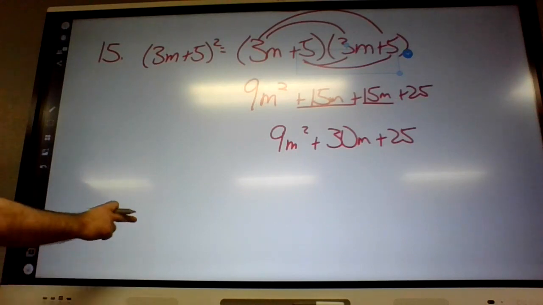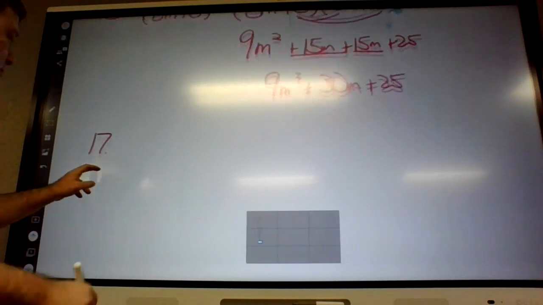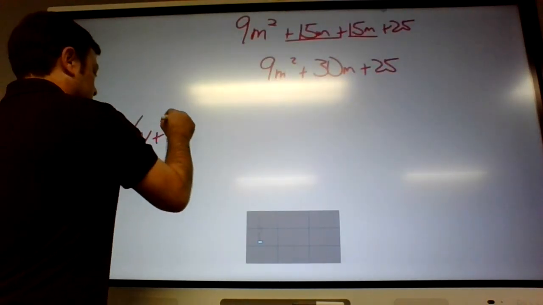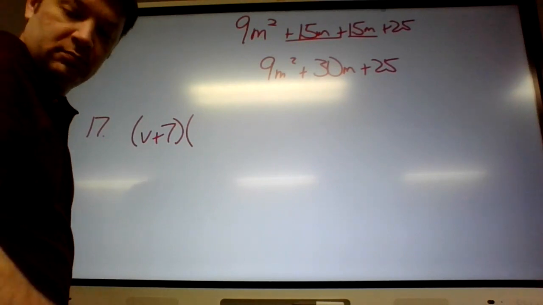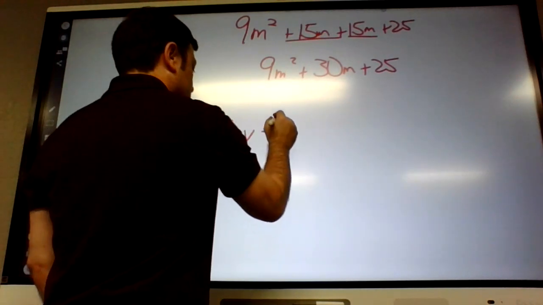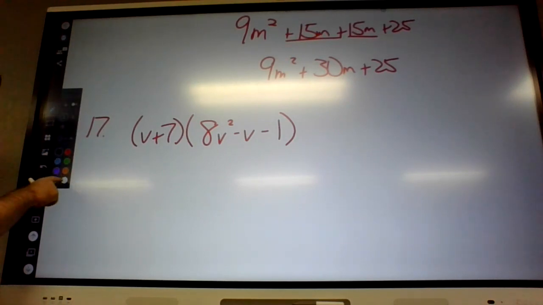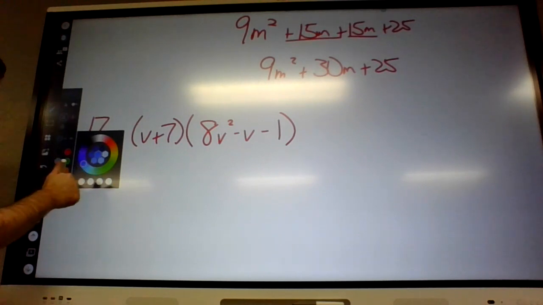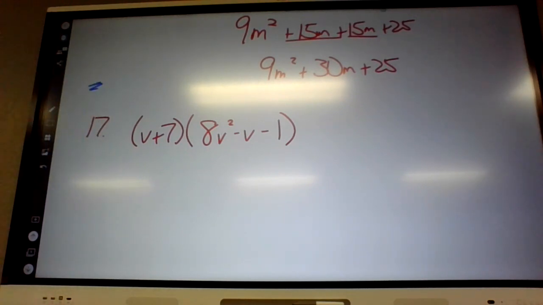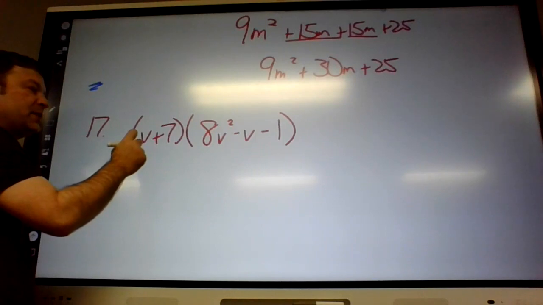Okay, 17. Alright, Sophie, you remember how we did these? Okay, so what should I do with this v here?